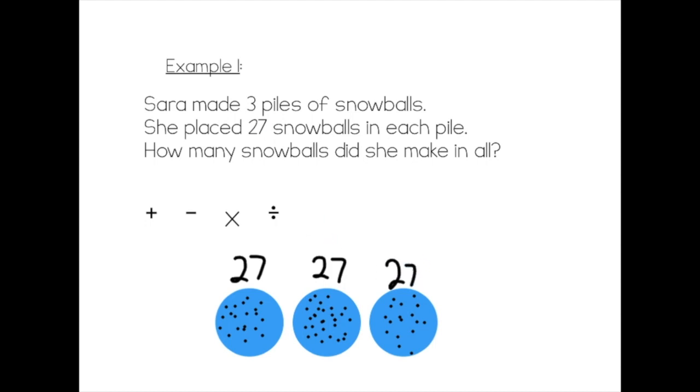Well, the equation you can create is actually 2 different ways. The thing about word problems, there's multiple ways to do them. So in this question, I could use addition by adding 27 3 times. I could go over here and go 27 plus 27 plus 27. I can make an addition problem.